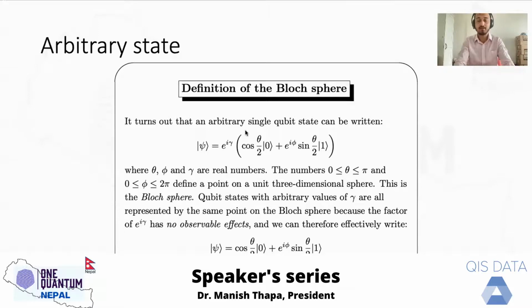This global phase is not relevant. And so essentially you're left with just this form with 2 free parameters that you can tune, right? And what your quantum gate, or quantum computer, does is it tunes these parameters in the course of information processing.